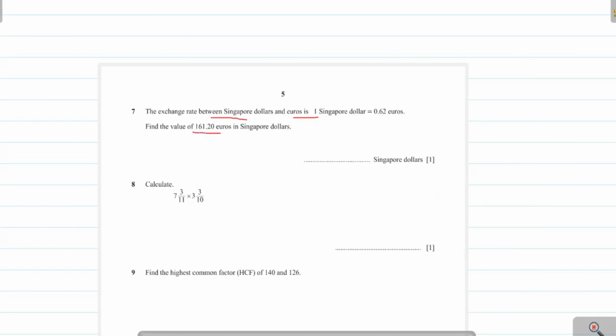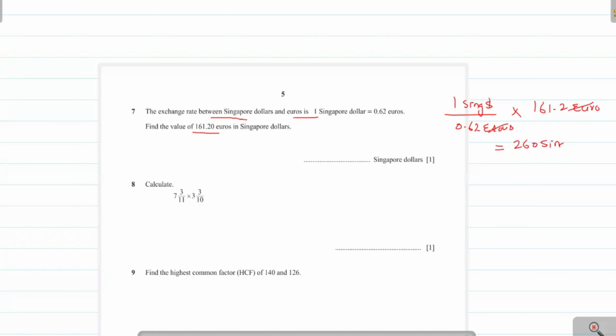When we multiply this by 161.20, the euro will be cancelled. 161.2 divided by 0.62 will be equal to 260 Singapore dollar. And this is the answer. We write here 260 Singapore dollar.